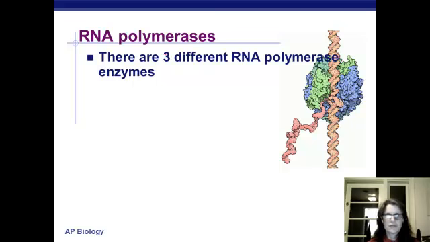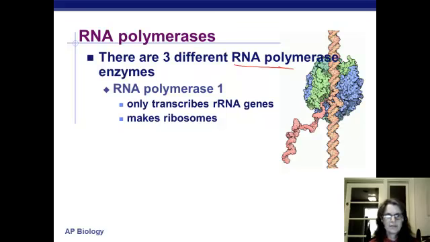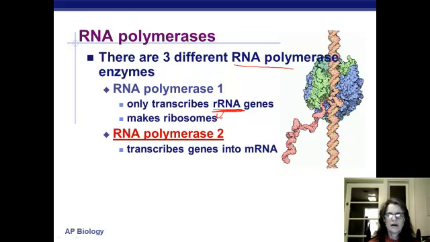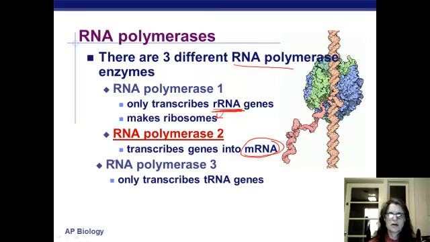Now, there are 3 different RNA polymerases. RNA polymerase 1 only transcribes RNA that's going to go into making ribosomes, rRNA. RNA polymerase 2 only transcribes those genes that are going to go into making mRNA, which is the messenger RNA.